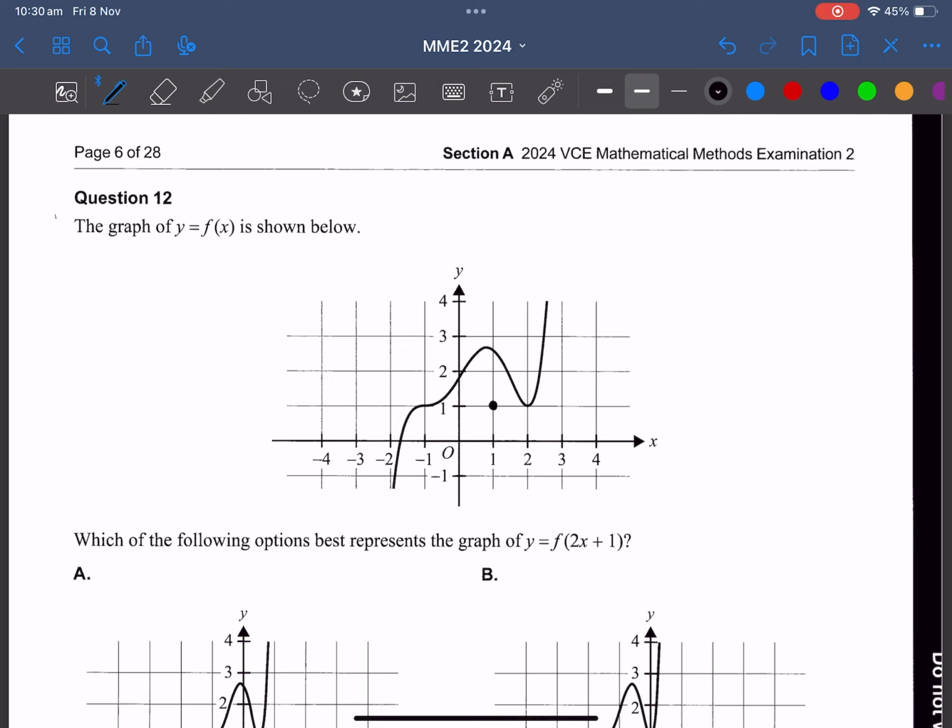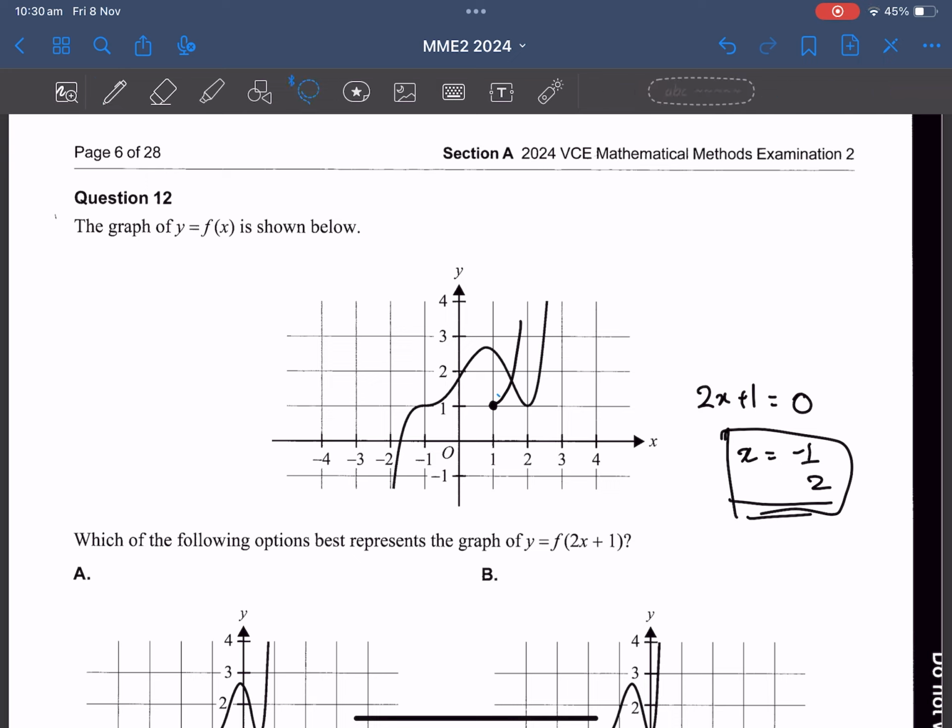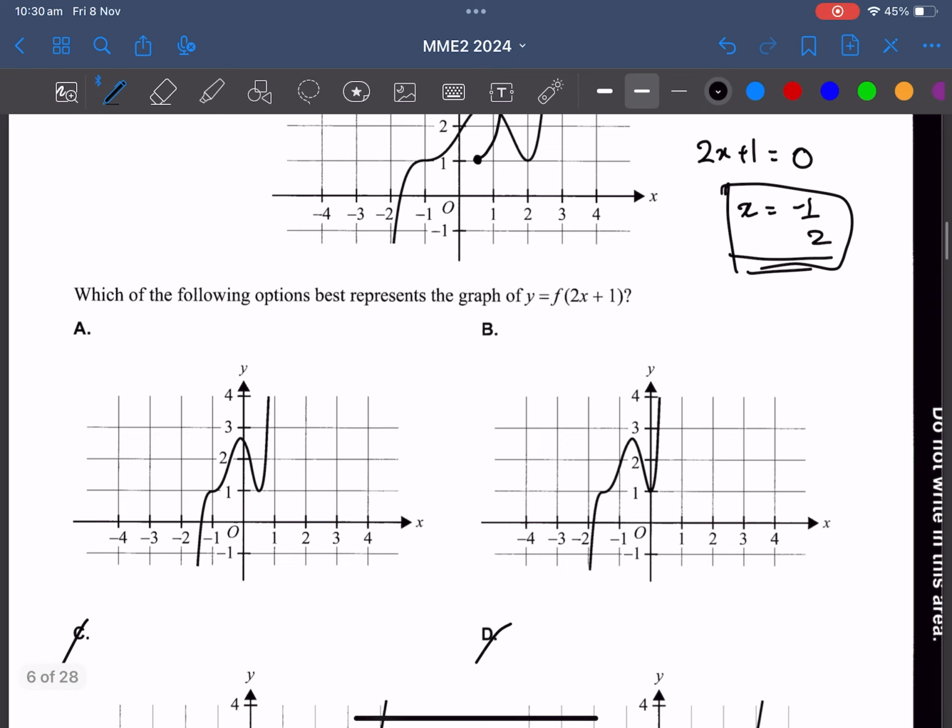So it's shrinking twice, so this point will come here like this, and then we are moving a slight bit to the left again, so 2x plus 1 equals 0, so x is equal to minus a half. So after shrinking, it will move like here somewhere, like so. So I think it's going to be A for this.